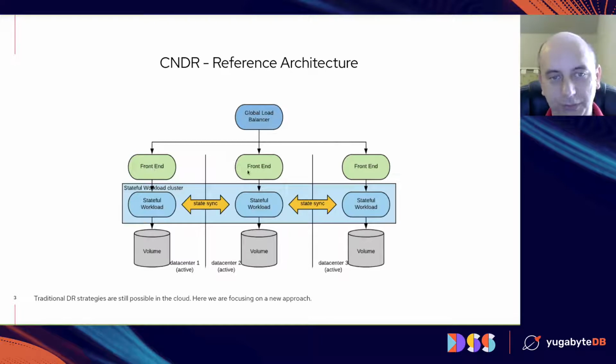So the traffic hits the front end, but then it goes to the stateful workload. This could be a database, a queue, a key value store, a cache, whatever it is, right? They all have to solve the same problem, which is to keep the state in sync. And they can do that using this east-west communication capability that we were talking about.